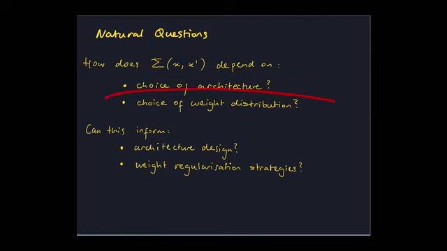How does it depend on the way I initialize the weights? And could you use these considerations to give a theoretical way to inform how we pick our architecture, and how we regularize the weights during training, so that this connection actually informs the way that we do deep learning?